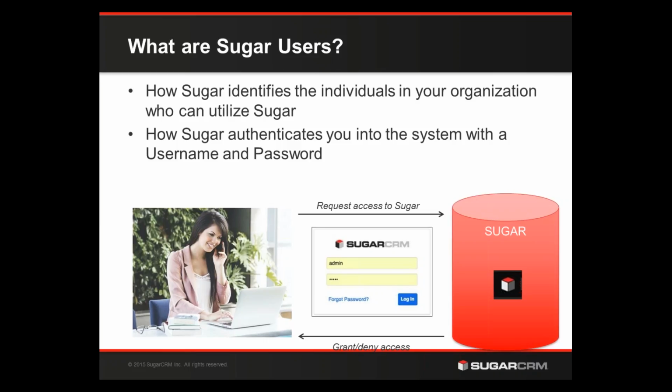So that means you have to have a username and password to be a user. Users can be assigned records and they set their own preference settings. So if they want the modules at the top of the screen to be in a different order, a user can do that. They can set up that preference. And we learned in the last webinar that that's called a personalization. They personalize their own page or their own dashboard of how they want to see information. Okay.